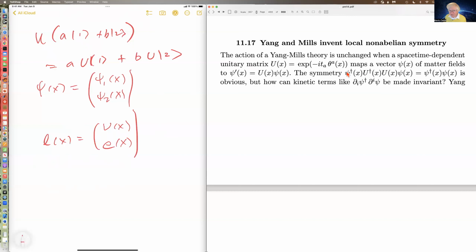Now, if you have some vector psi and psi prime is u psi, then psi dagger prime is psi dagger u dagger, and psi dagger psi prime would then be psi dagger u dagger u psi, and u dagger u would be the identity, so this would be psi dagger psi.